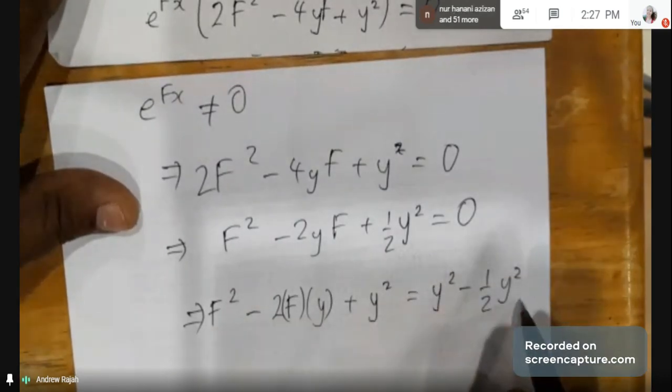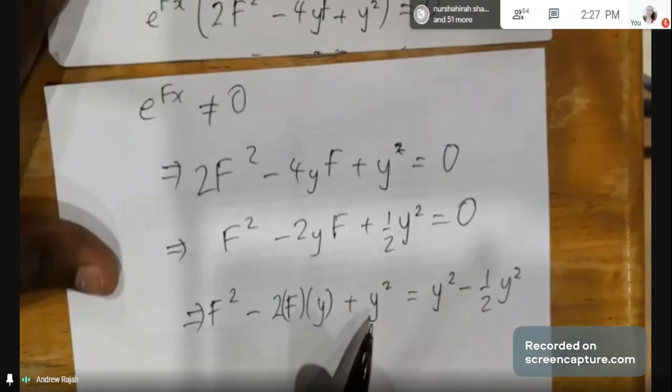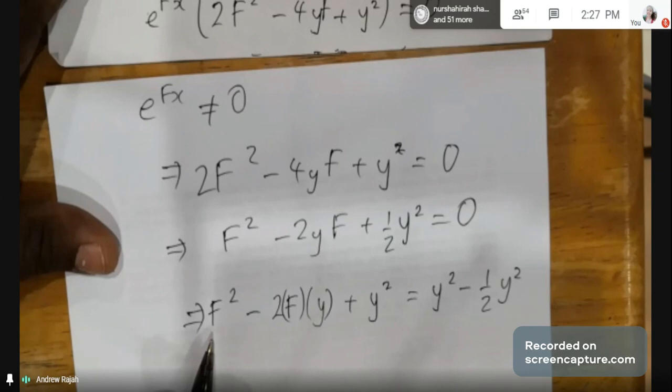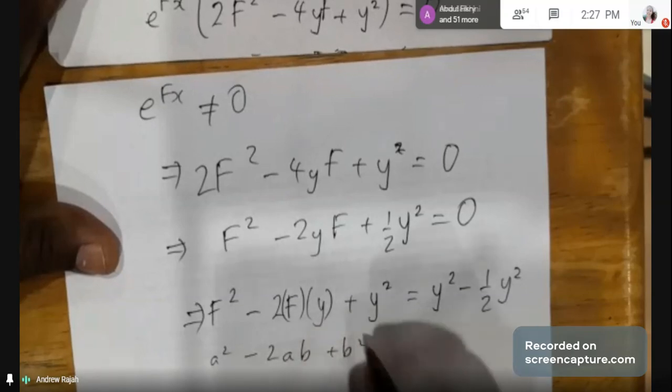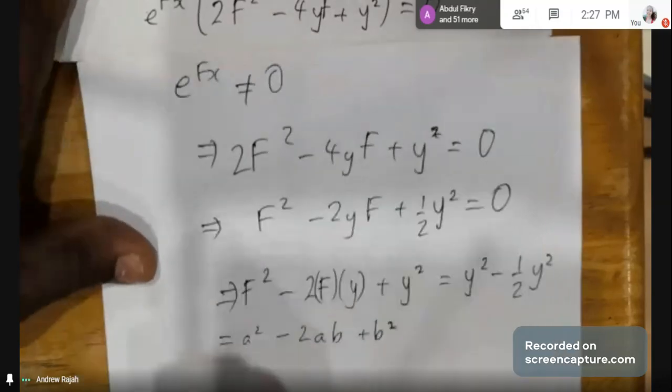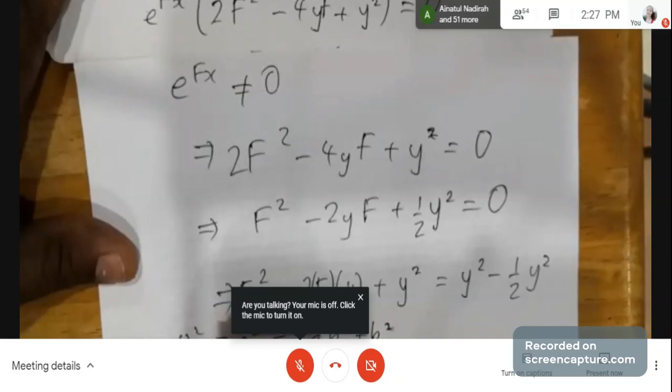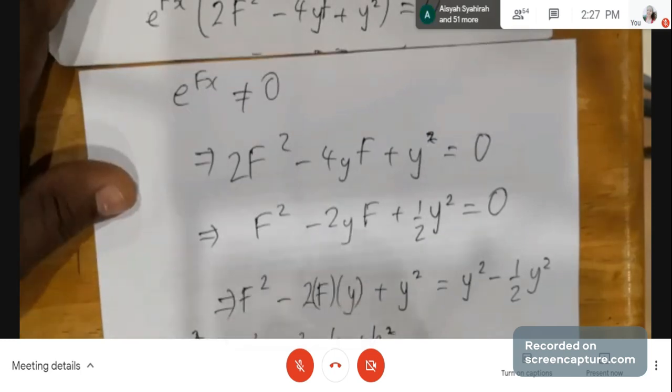This half y squared I bring to the right. This y squared I add because I want to complete the square: a squared minus 2ab plus b squared is actually a minus b squared. Here the a is f, so f minus y squared equals half y squared.